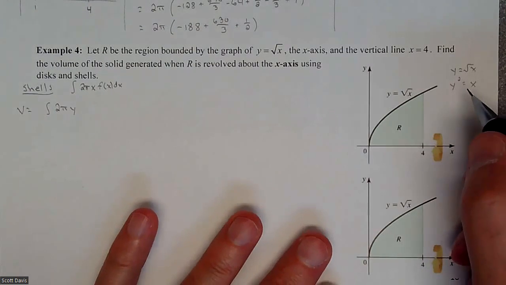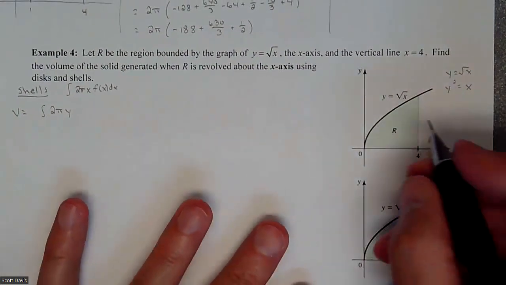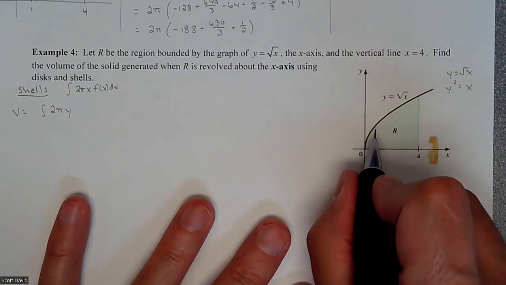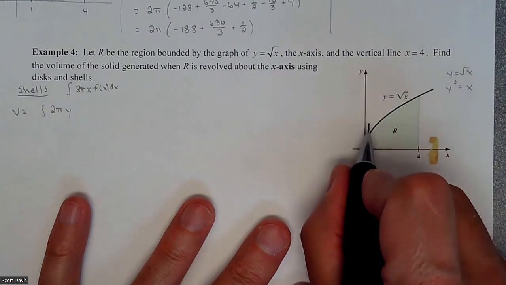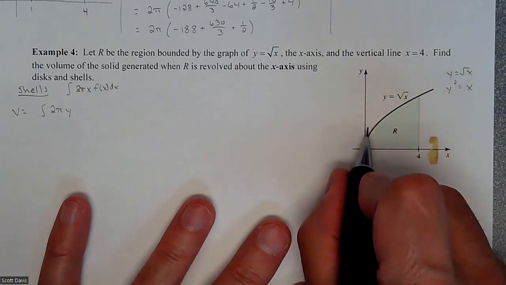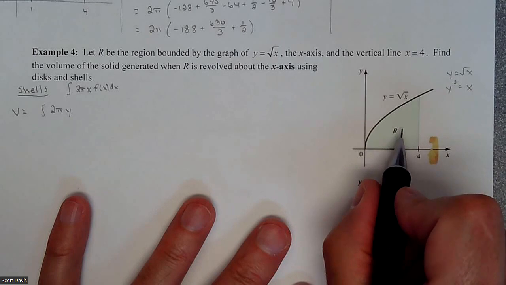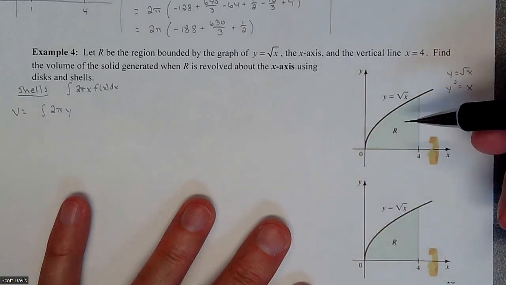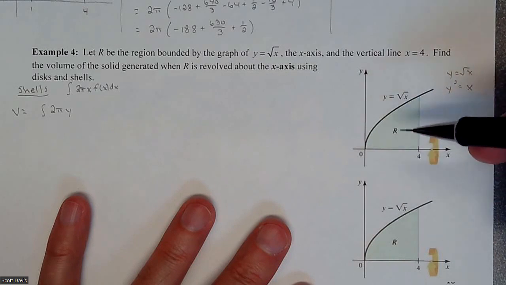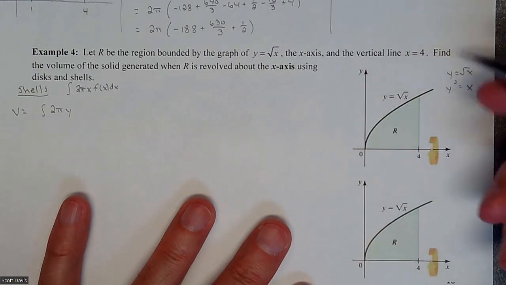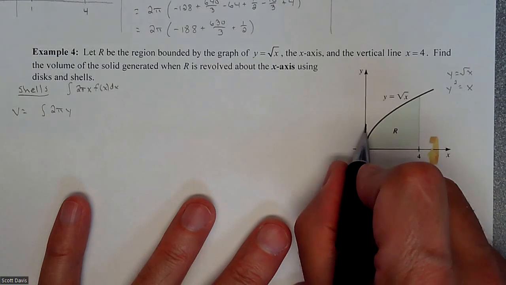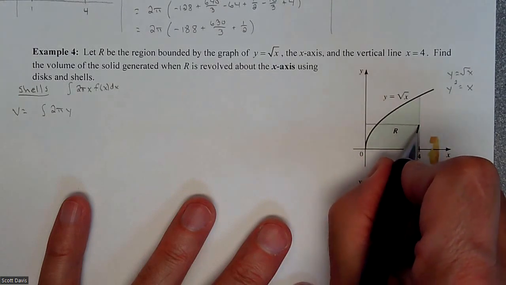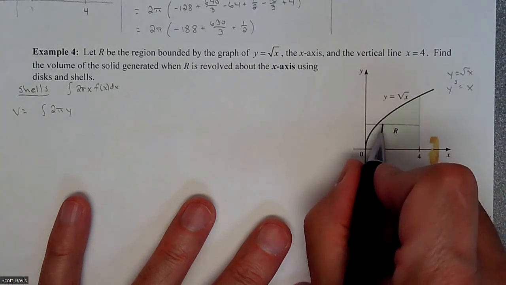Then we have to figure out the height. We're going in this direction, so our shells will be rotating around the x-axis. Here's where it gets even more complicated taking the shell route: we want these horizontal strips, but we have a gap that's missing.